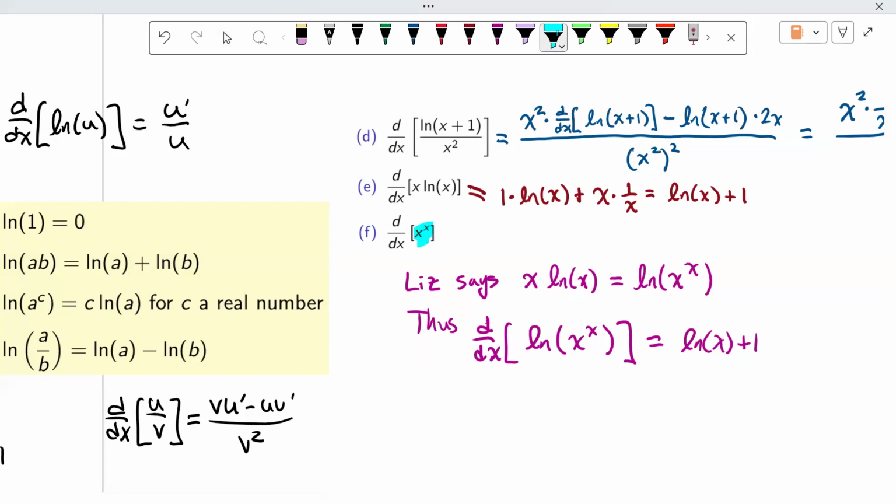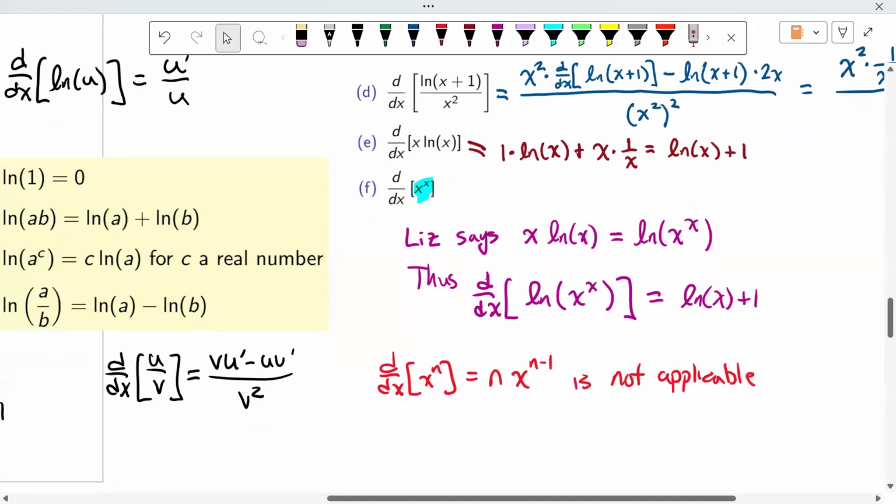Now you may be thinking to yourself, oh, well, can't I just use this rule we did earlier? You know, the derivative of x to the n. Can we just use that? And the answer is no, it's not applicable. The reason why it's not applicable is that this rule assumes n is a constant.